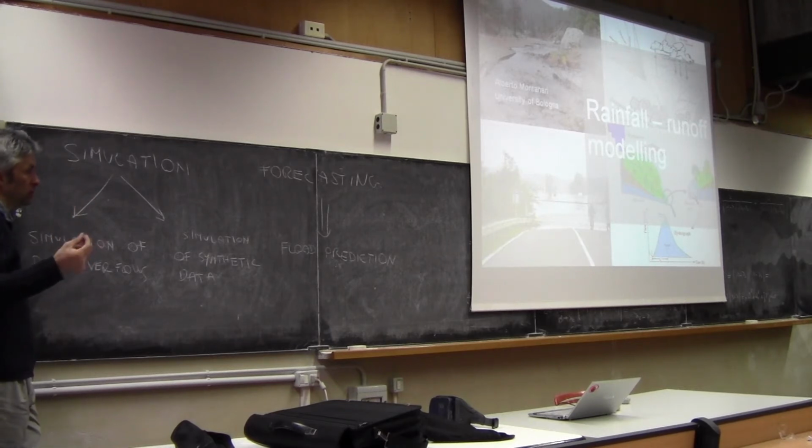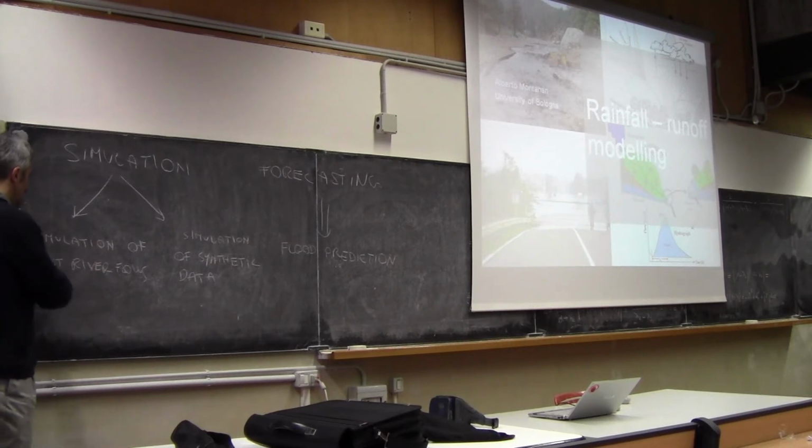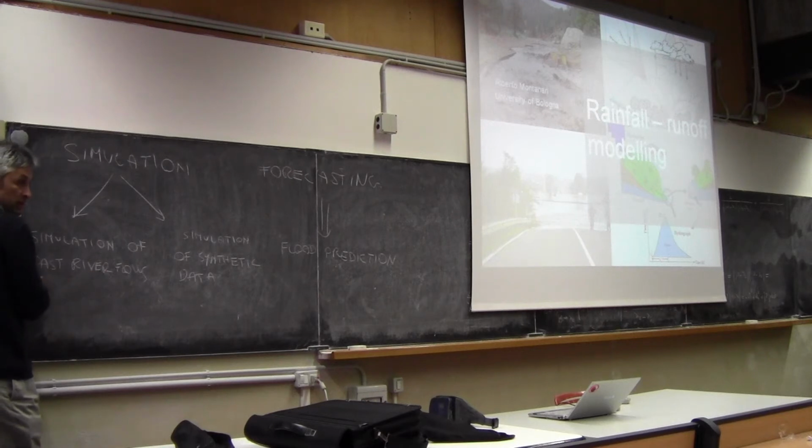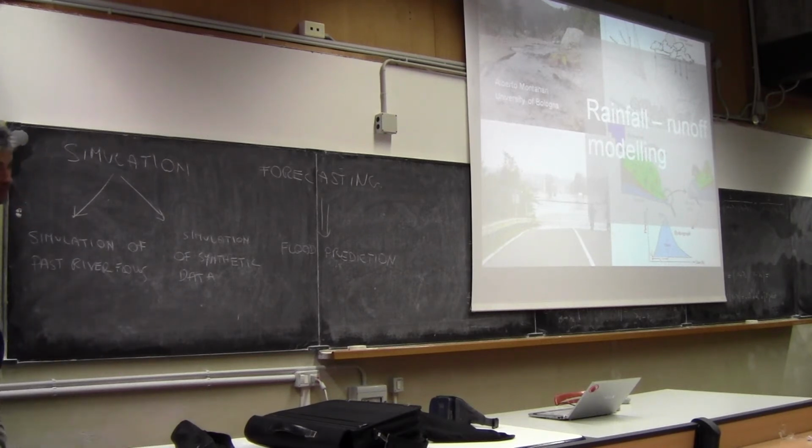And your question could be, why do I need to simulate synthetic data? Why shouldn't I stick to the simulation of past river flows? And the reply is very simple. If you have observed rainfall data, then of course you prefer to use the observed rainfall data and simulate the past river flows. But if you don't have the rainfall data, you need to generate the rainfall data first, hypothetical, and then as a response to hypothetical rainfall data, you generate the hypothetical synthetic river flow data.